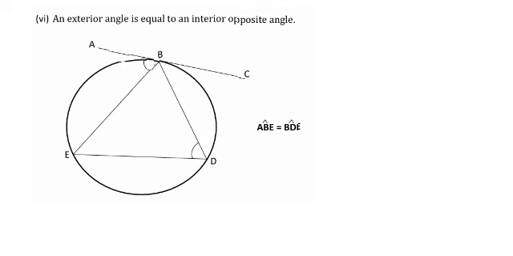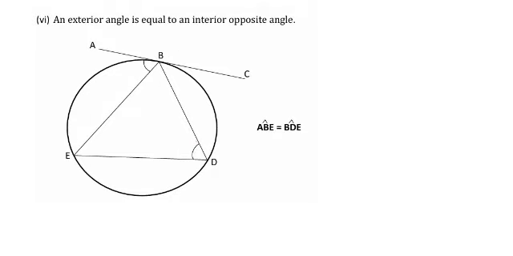We also have this property which is very important as well. An exterior angle is equal to an interior opposite angle. So this exterior angle which is outside is equal to the interior angle which is opposite. Now how can you identify that you have this property in your equation? The easiest way is to have a tangent, which is the line AC, this tangent here, and also this angle here.